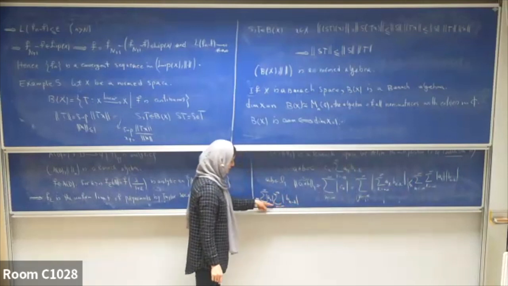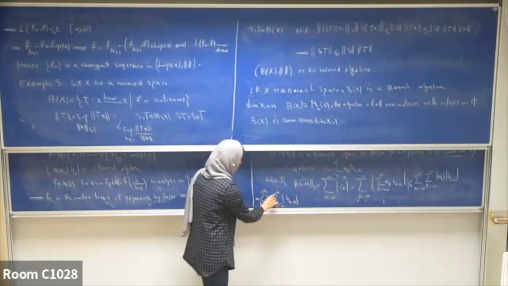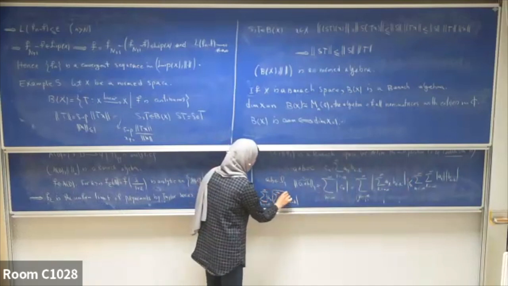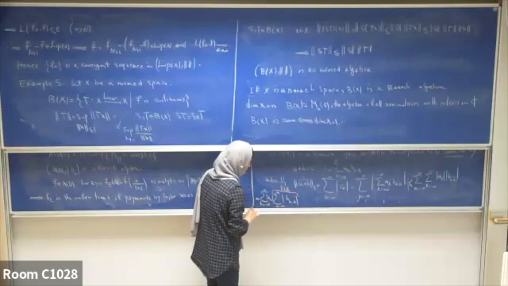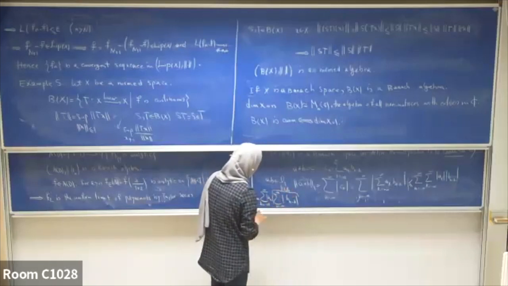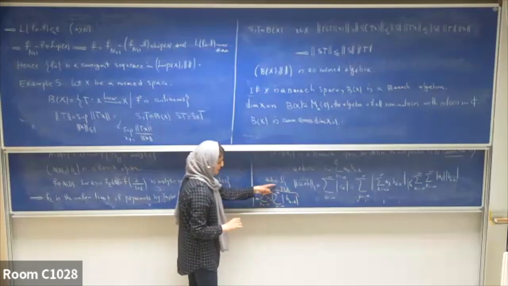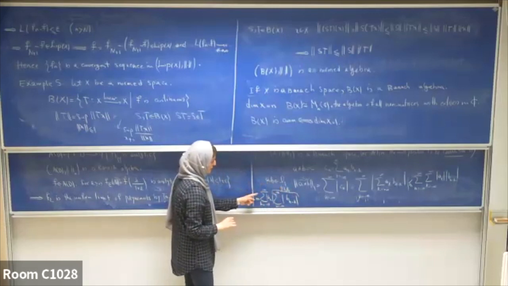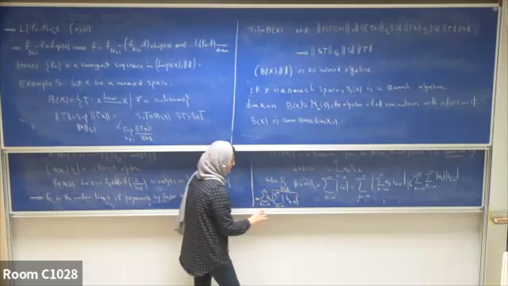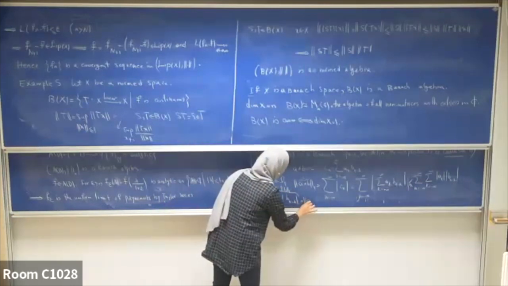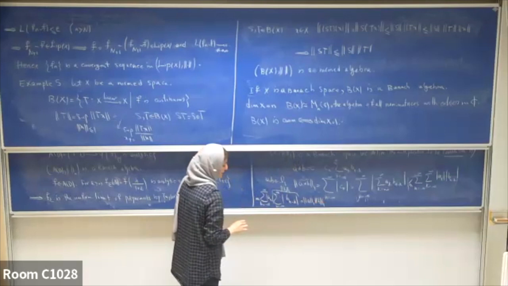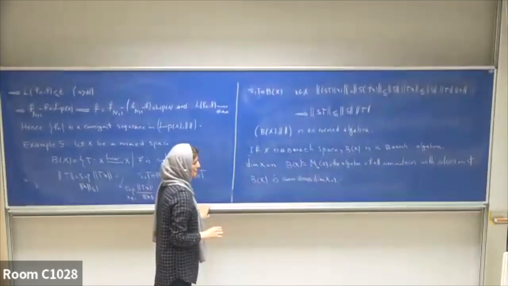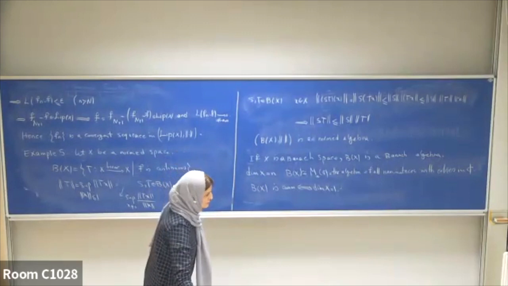For each k, n minus k ranges from minus infinity to infinity, so this is the norm of B. And this one again can be taken out from this sum, and this is exactly the norm 1 of A. So we have norm 1 of A times norm 1 of B, so we have the submultiplicative property of the norm.